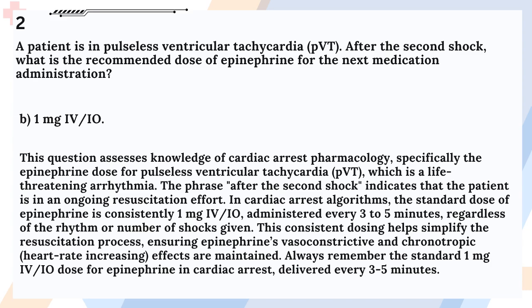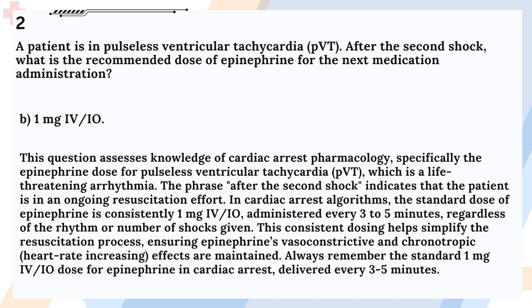This question assesses knowledge of cardiac arrest pharmacology, specifically the epinephrine dose for pulseless ventricular tachycardia, pVT, which is a life-threatening arrhythmia. The phrase "after the second shock" indicates that the patient is in an ongoing resuscitation effort. In cardiac arrest algorithms, the standard dose of epinephrine is consistently 1 mg IV/IO, administered every 3 to 5 minutes, regardless of the rhythm or number of shocks given.